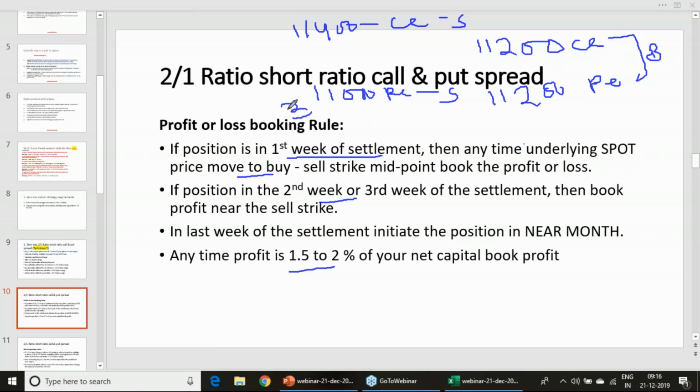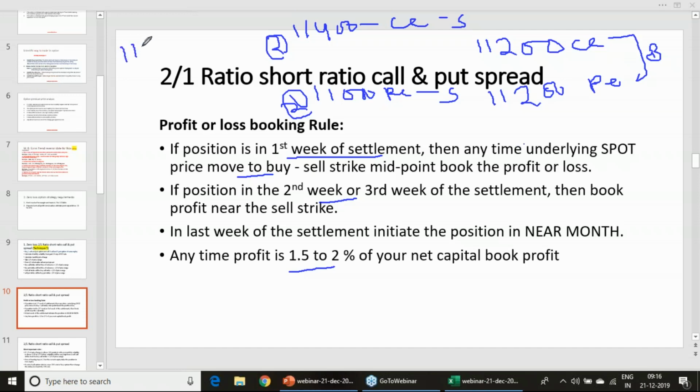So these 2 lots you are selling, and you are buying this. If you have initiated this particular strategy in the first week of the settlement, and the price moved to 11,200 and 11,400, the midpoint of which is 11,300, or if the price is moving to 11,100.